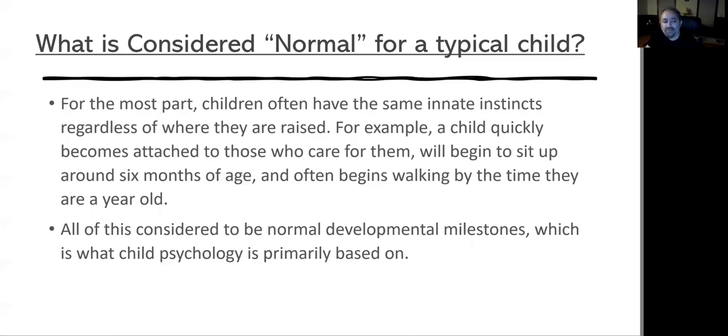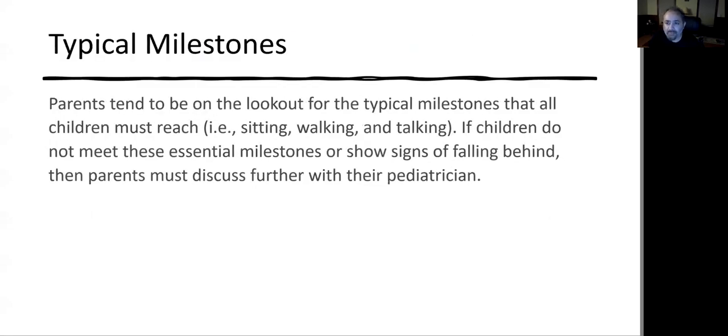All of this is considered to be normal developmental milestones, which is what child psychology is primarily based on. So no matter where the child is born and where they're raised, some of these instincts are basically innate.